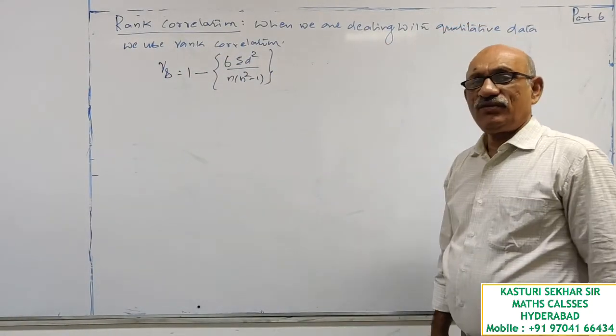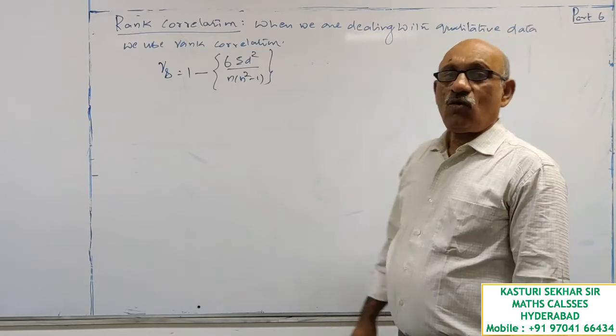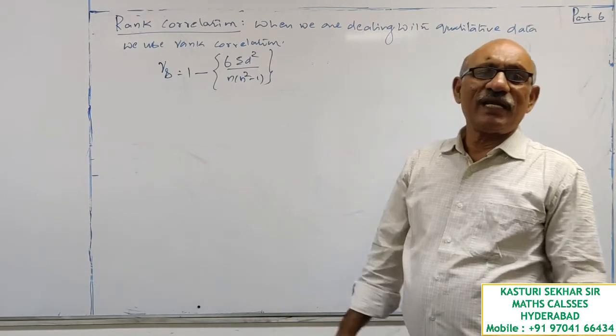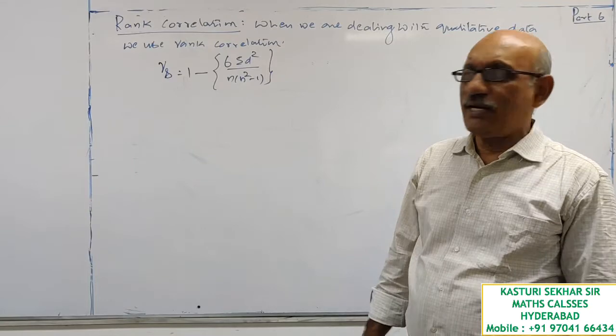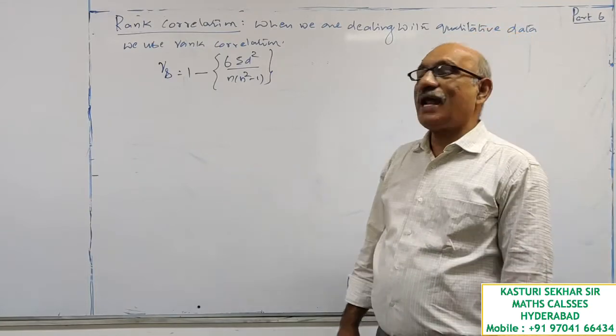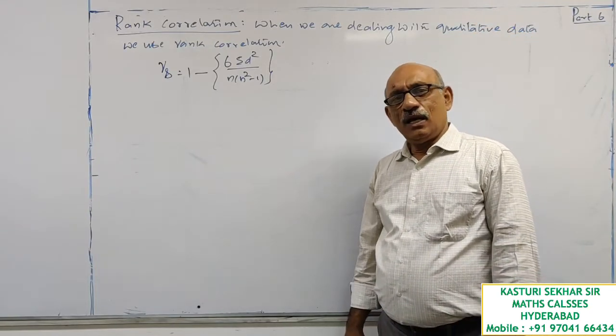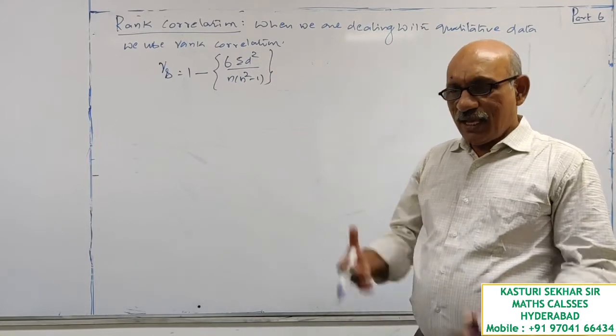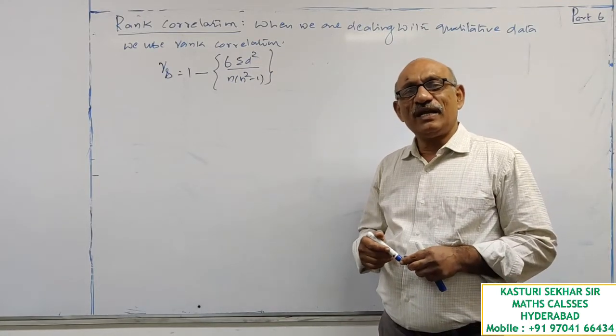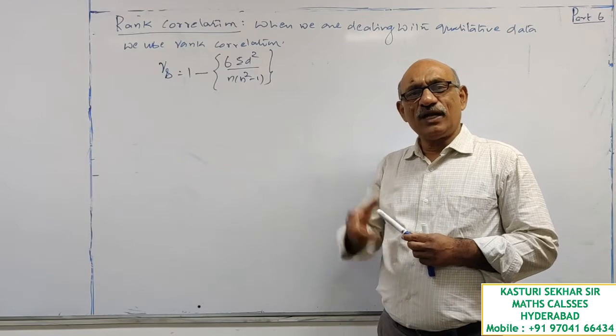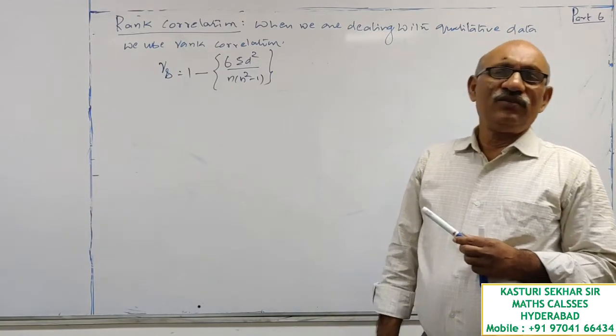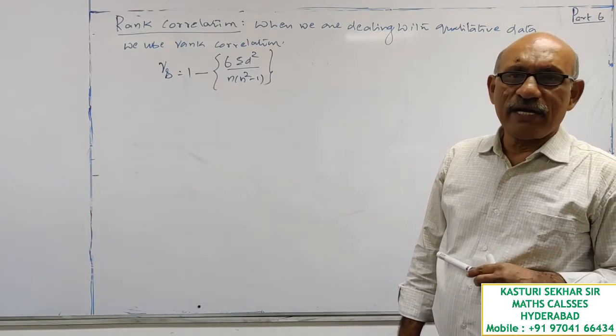When you are watching this, you will get a doubt. Qualitative data means which is not capable of quantitative measurement, then how can we calculate the rank correlation? Okay sir, very simple. Suppose an exam is conducted to 10 students in a class in two subjects. One is economics, the other one is quantitative aptitude.